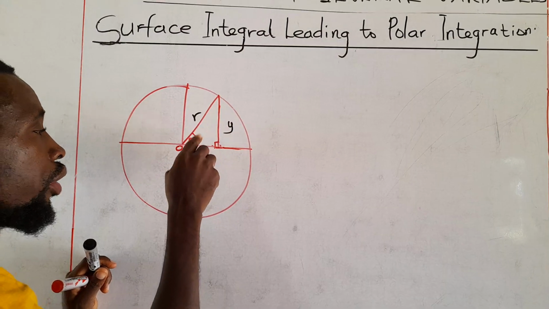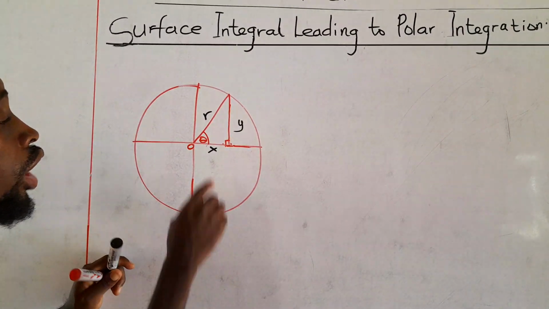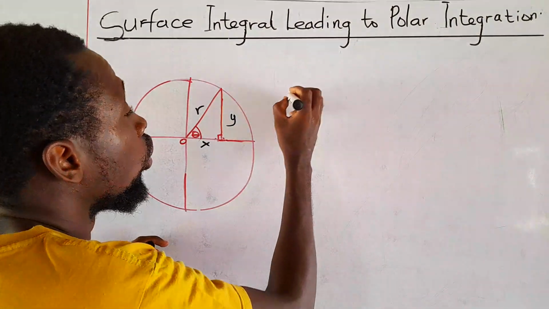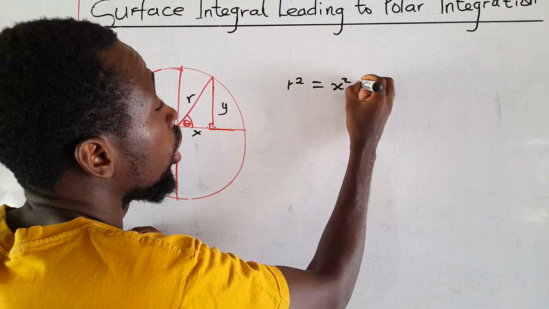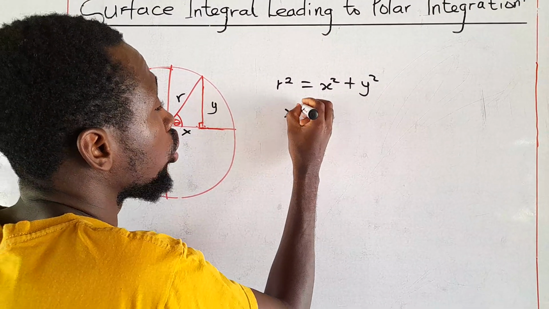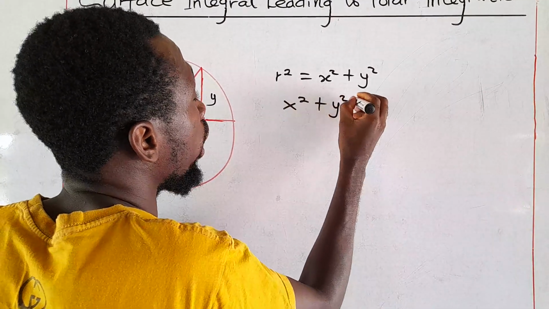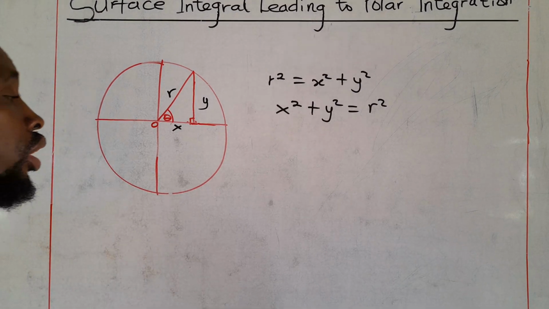Remember, r is the radius. Any line drawn from the center of the circle to the circumference is the radius. Then using the Pythagoras theorem, r squared is equal to x squared plus y squared. Thus, x squared plus y squared is equal to r squared, where r is the radius of a circle.